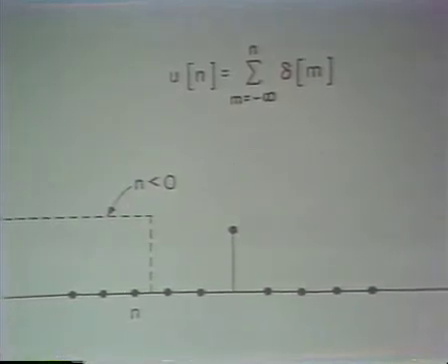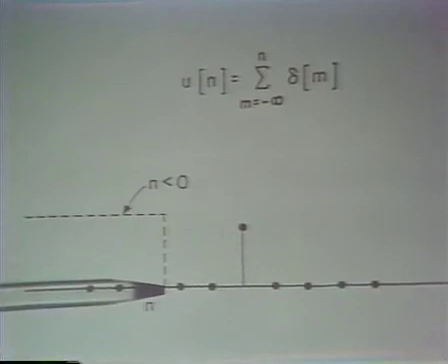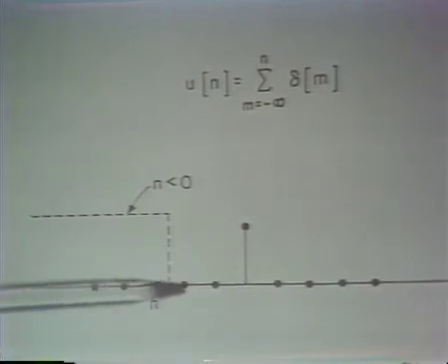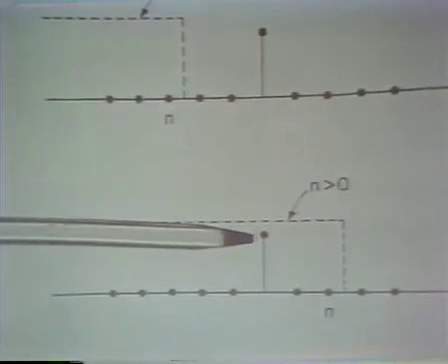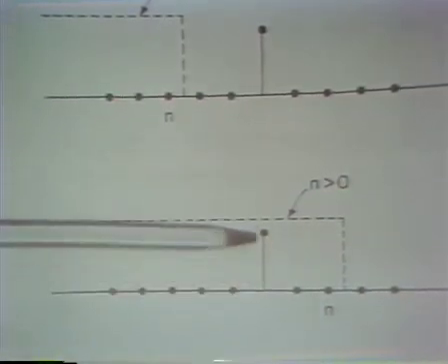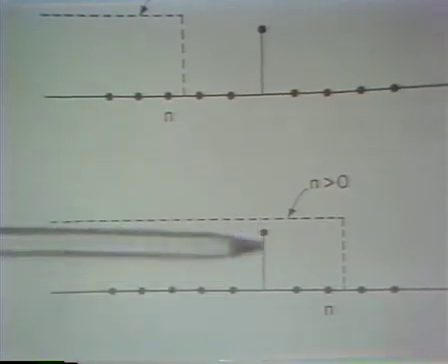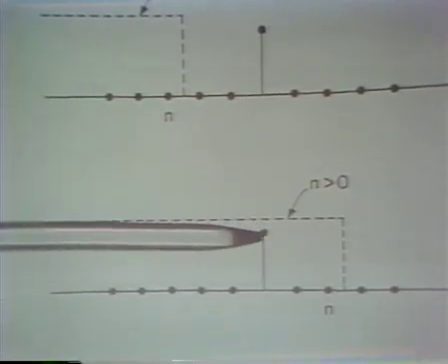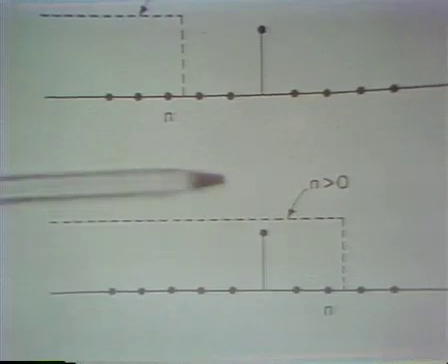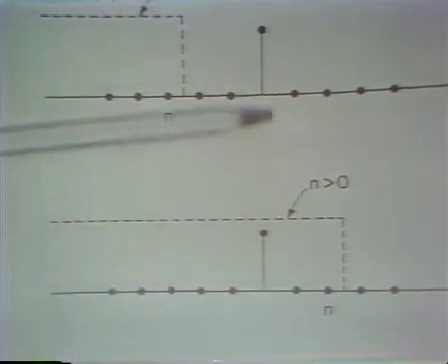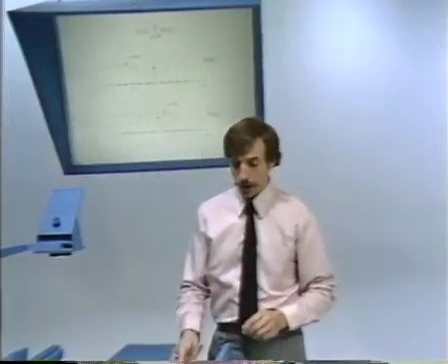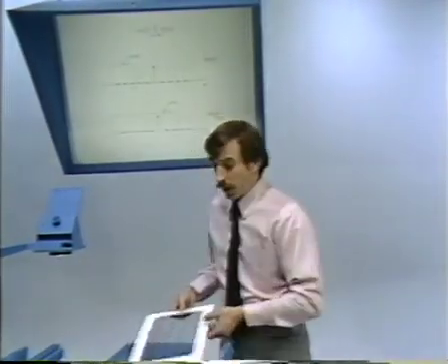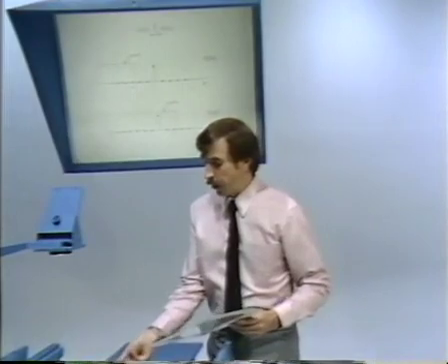So for n less than 0, we accumulate no terms in the sum, whereas for n greater than 0, we accumulate one non-zero value in the sum, namely the value of the unit sample at n equals 0. So we have then one expression for the relationship between the unit step and the unit sample.